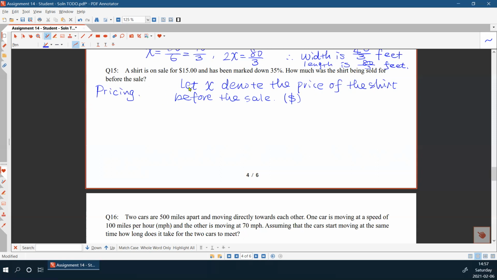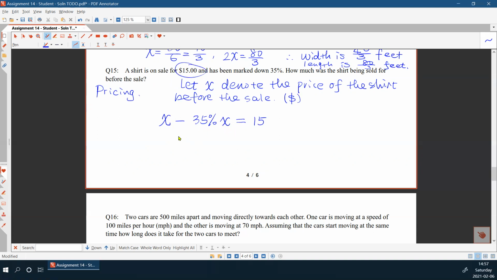So what we know here is that it has been marked down 35%, right? That means the original price is down by 35% of the original price. This is the current price, right? The current price is $15 because it says here it's on sale for $15, right? So this is our equation here.